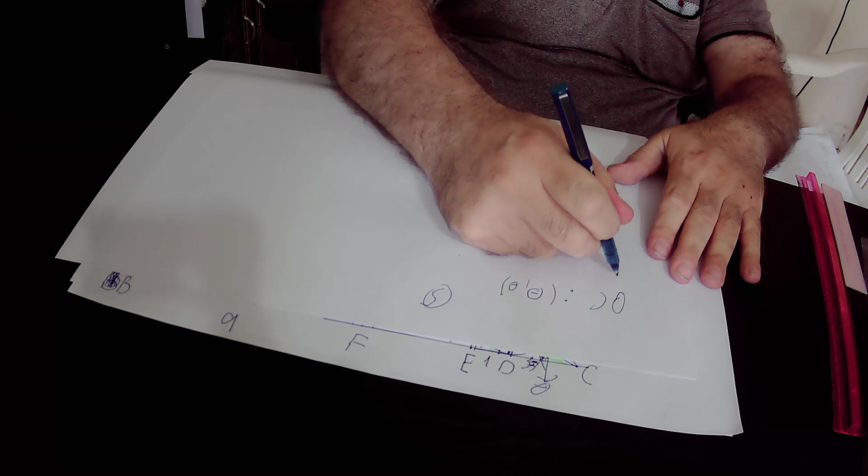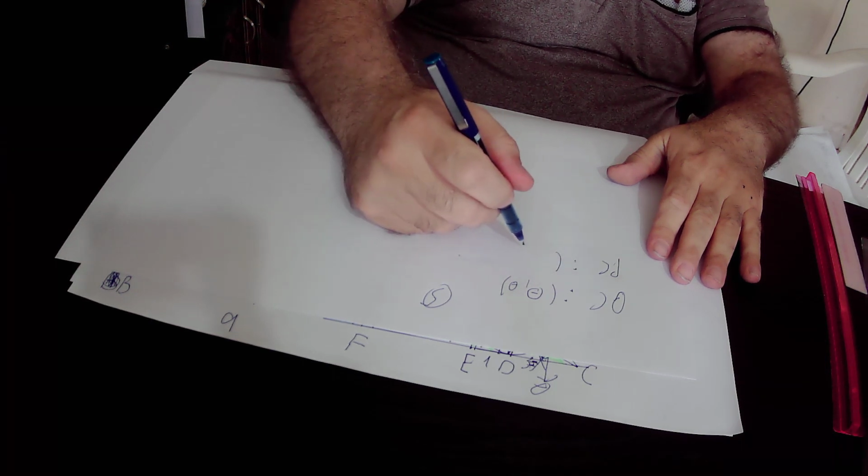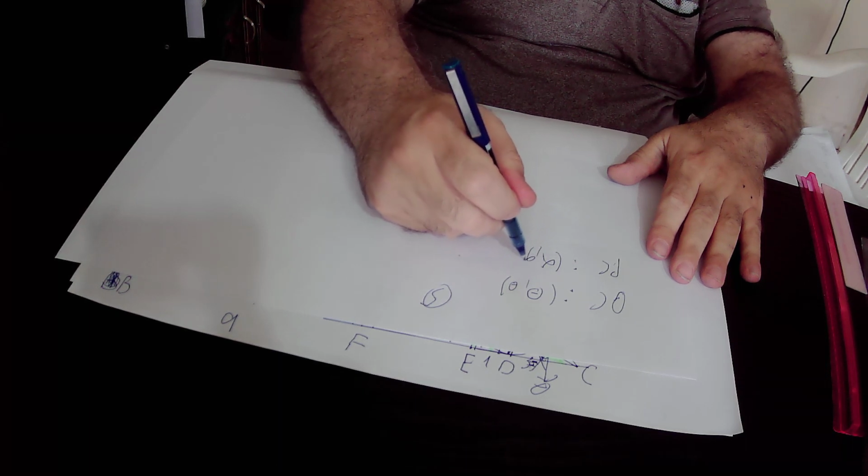The angle bisector PC, on the other hand, bisects angle C into two different halves that each equal alpha, so alpha and alpha.